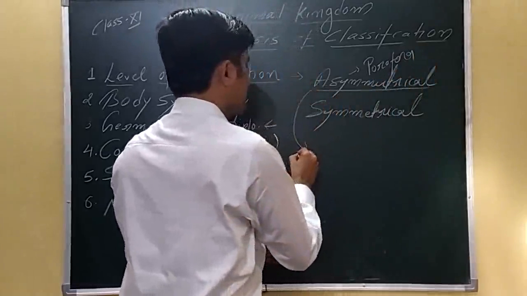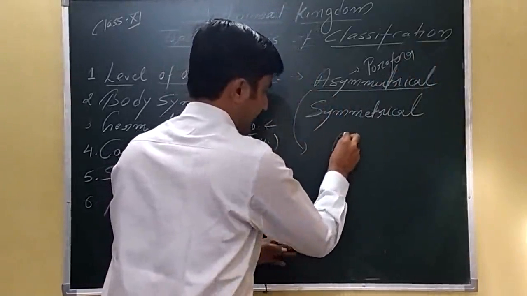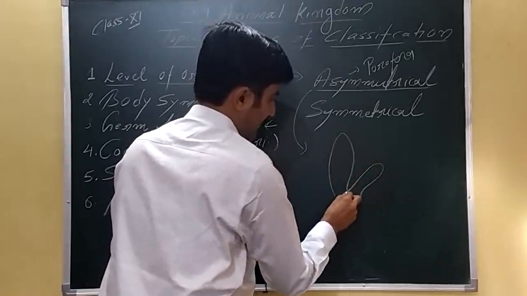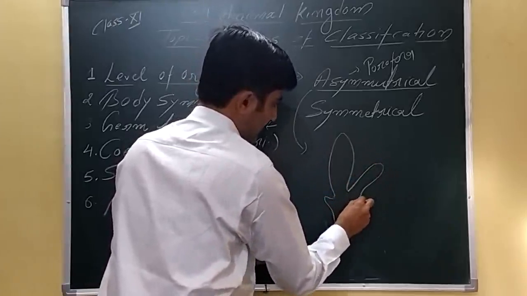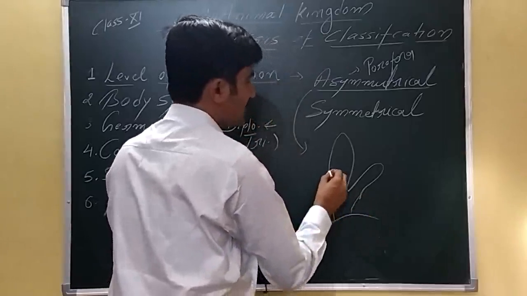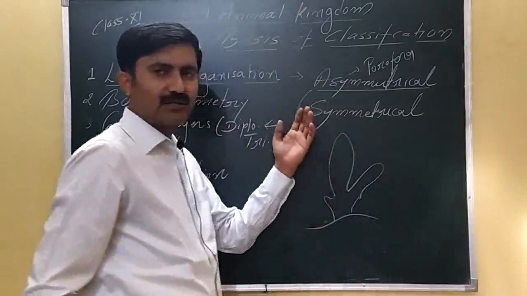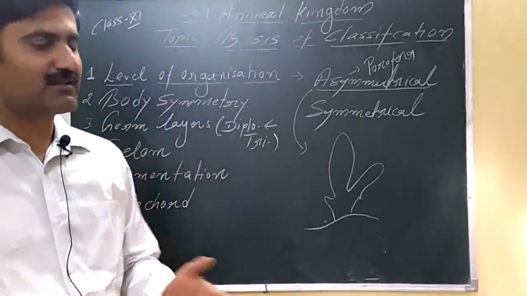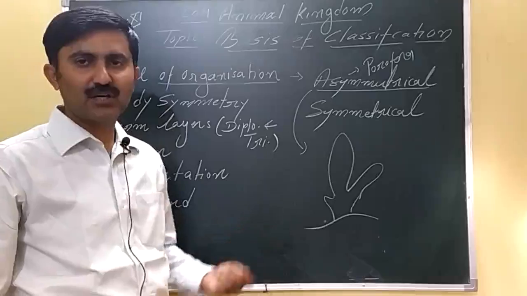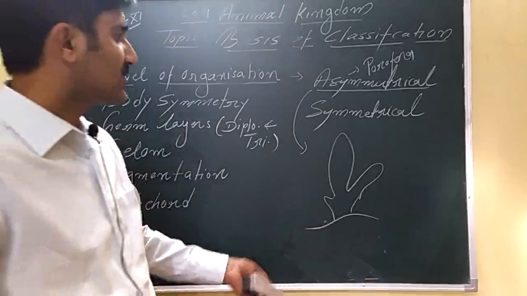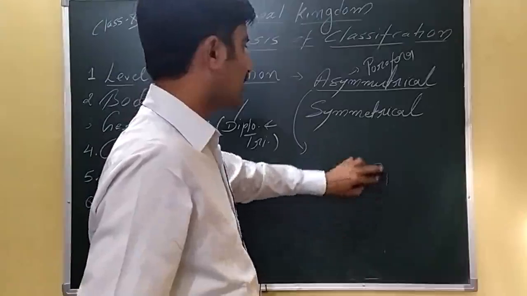If we look into their body, they are attached to the substratum. So you cannot divide this body into two equal halves from any of the planes. Their body is completely asymmetrical. So these are called asymmetrical organisms.